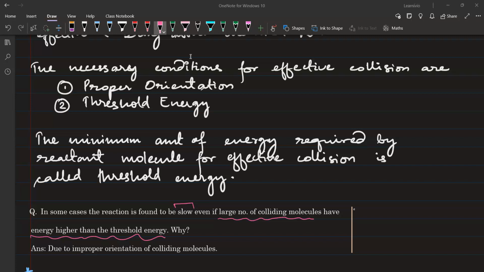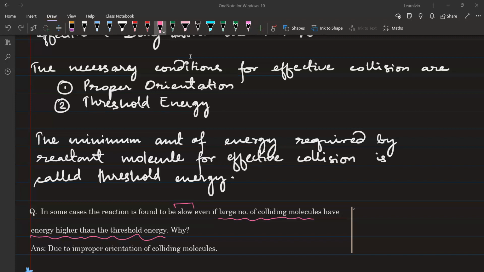So only one condition is met, that is threshold energy. If the threshold energy condition is met and still the reaction is slow, that means proper orientation is not there. So the simple answer is due to improper orientation of the colliding molecules. This is a question students generally miss, not knowing what the answer will be. So please revise it once when you are watching this, and don't skip this question.